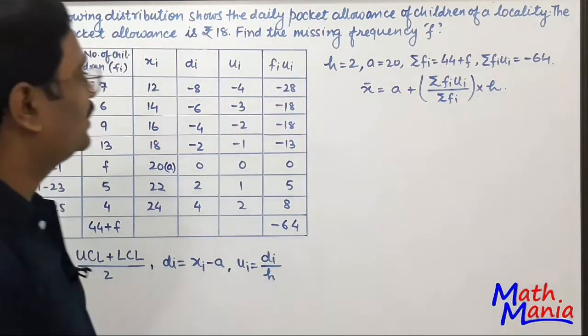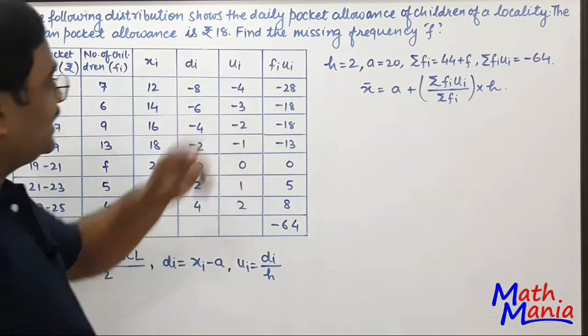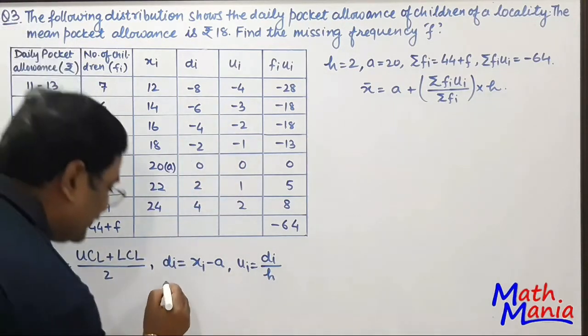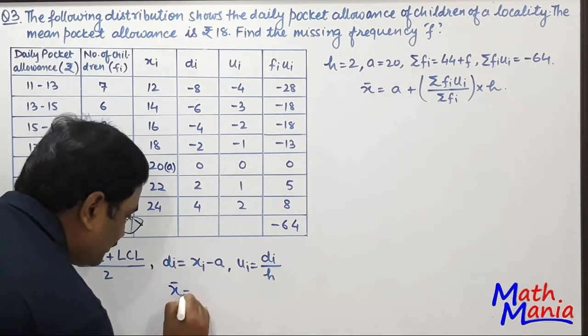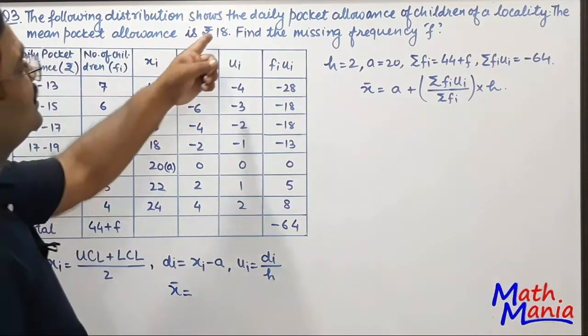Let's substitute the values. x bar is already given in this question. Mean x bar is equal to 18.